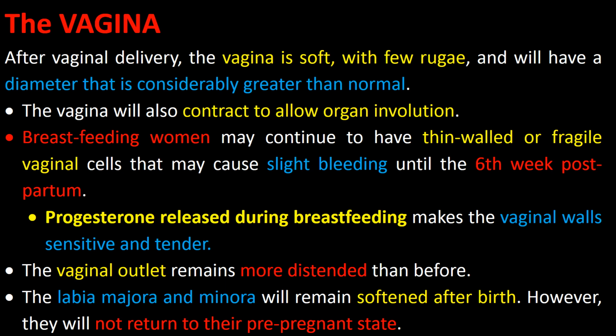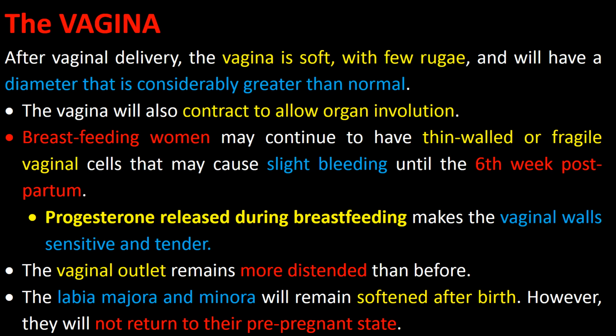Bakit? Kasi po, kapapanganak pa lamang ng bata, naturalmente, the vagina is still open, wide open. The vagina will also contract to allow organ involution. So hindi lang po uterus at cervix ang nagko-contract, even the vagina will also experience contractions for it to return to its normal size.